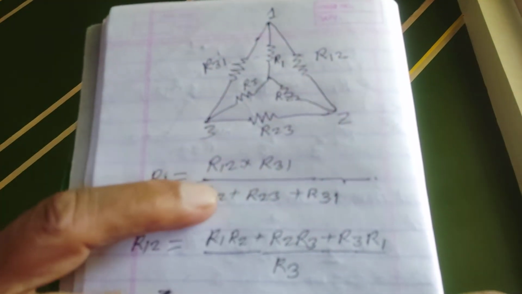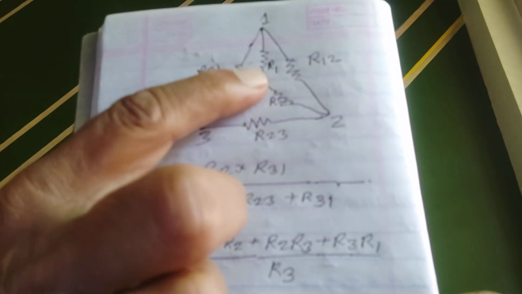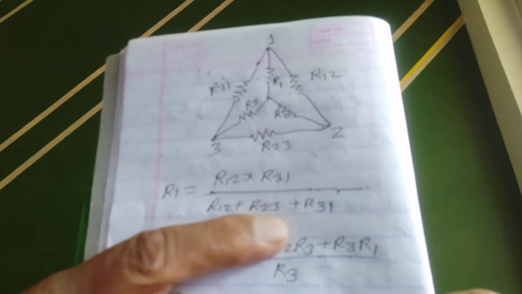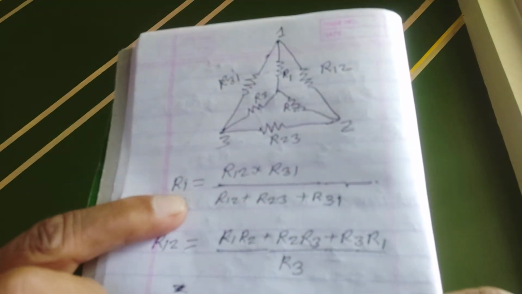So the equation will be: write the product of the two resistances around R1, divided by the sum of the 3 resistances of the delta. So this will be the value of R1.